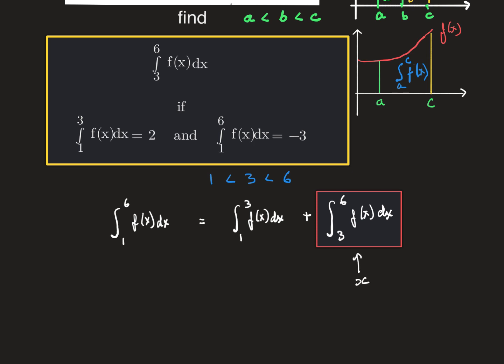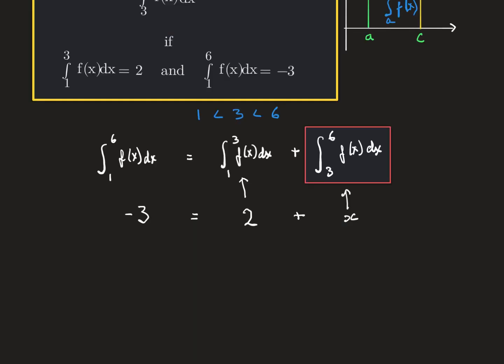And this one over here we're told is 2. And this particular one over here we're told is -3. The -3 implies that it's an area of 3 square units, but it is below the x-axis.